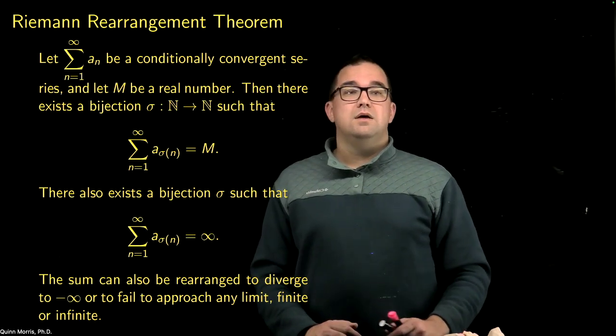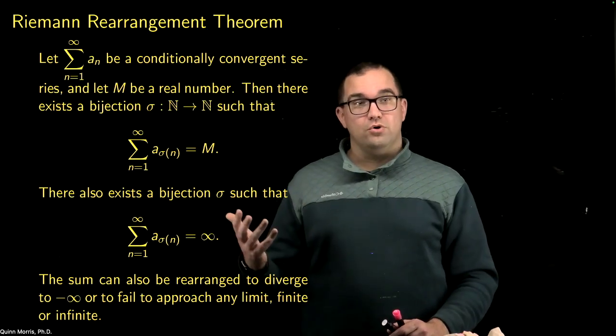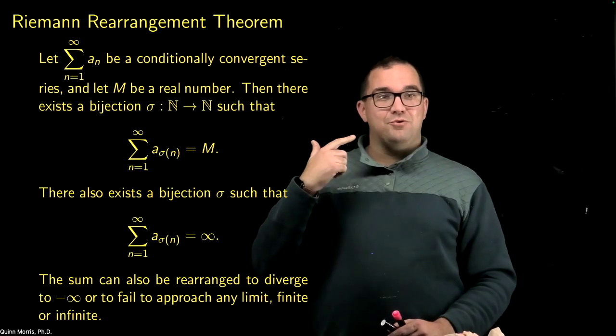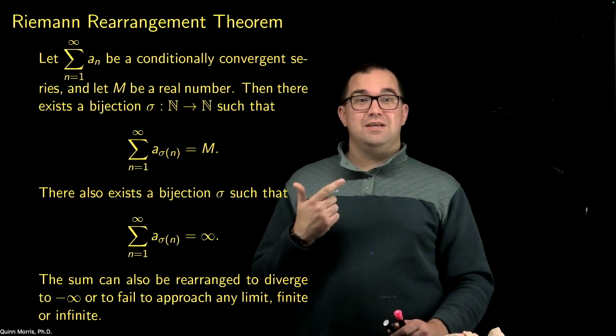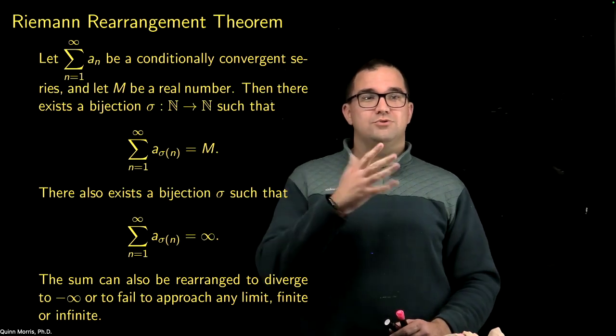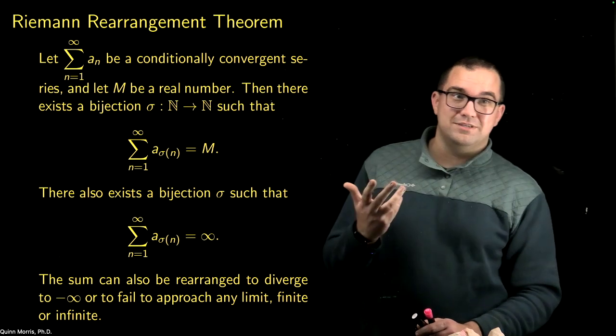If you ever find yourself teaching, say, a Calc 2 course, it's important to have in the back of your mind, anytime you're dealing with a conditionally convergent series, that you're not going to be able to use the normal properties of arithmetic, right?